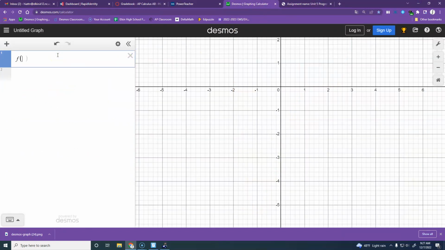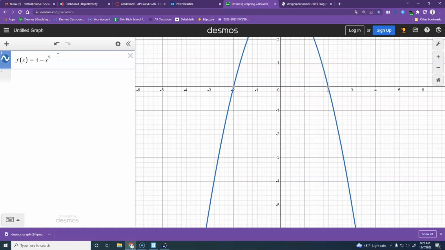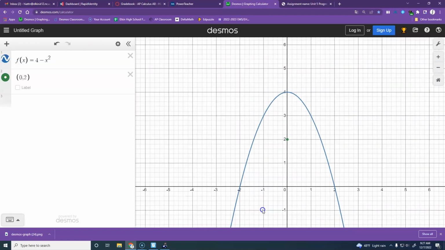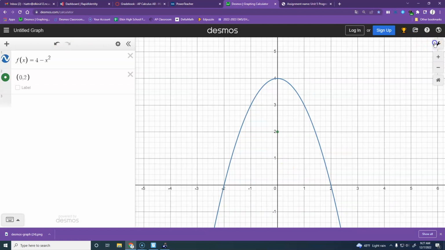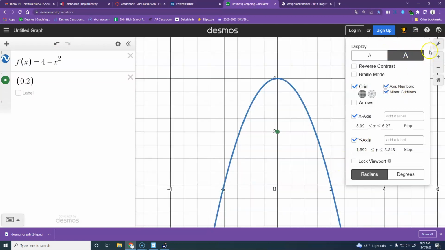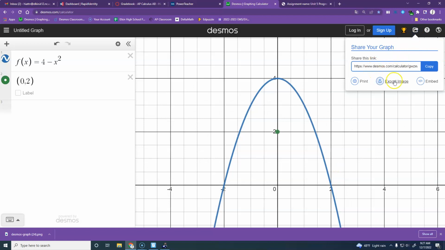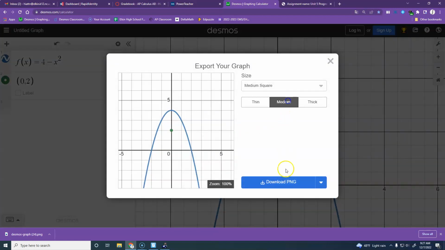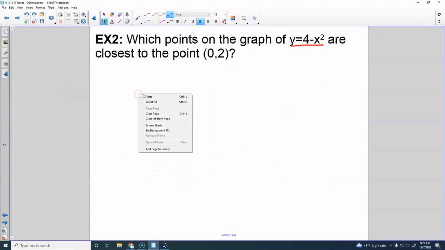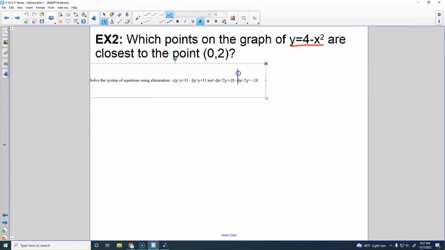So we got f of x equals 4 minus x squared, and then we got the point (0, 2).